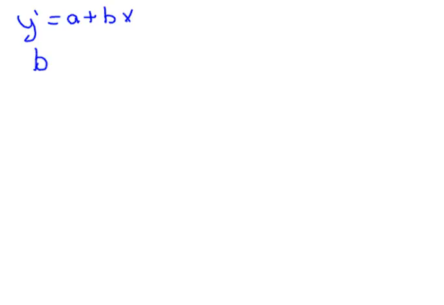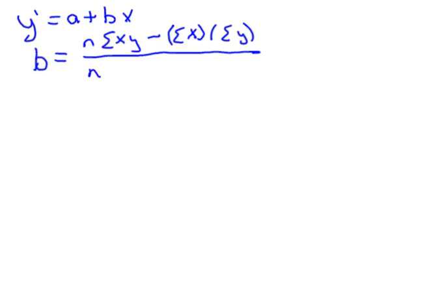Now, after identifying that, you should have n times the sum of the product x and y minus the sum of the x's times the sum of the y's, all of that over your n times the sum of the x's squared minus the sum of your x values quantity squared.